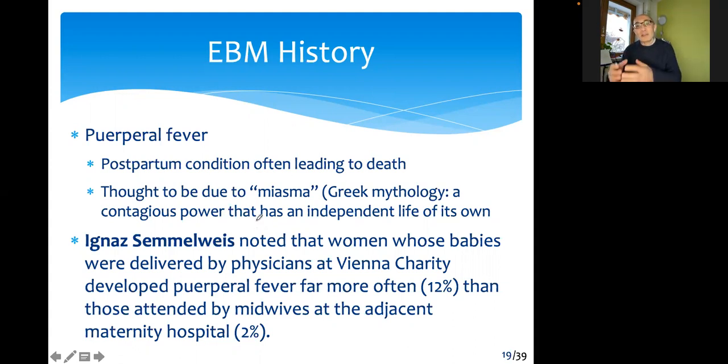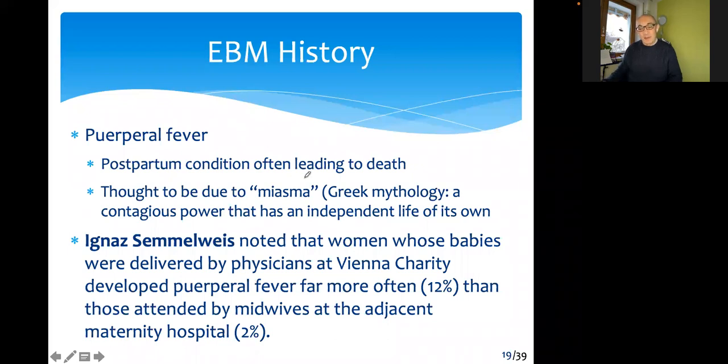And the doctors had some other duties, namely what? Namely, autopsies. They were making autopsies, the medical doctors. And right after making an autopsy, touching the dead body, they didn't wash their hands, and they came and helped the woman to deliver the baby.